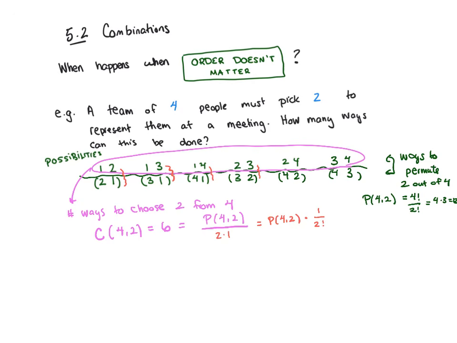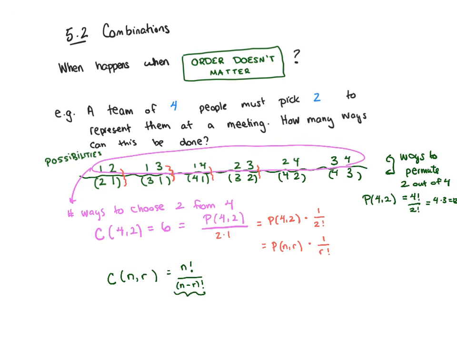All right, so in general, this is going to be P(n,r) times 1 over r factorial. So let's go ahead and put in our formula here. In general, the number of ways to choose r out of n objects is going to be n factorial over n minus r factorial, right?